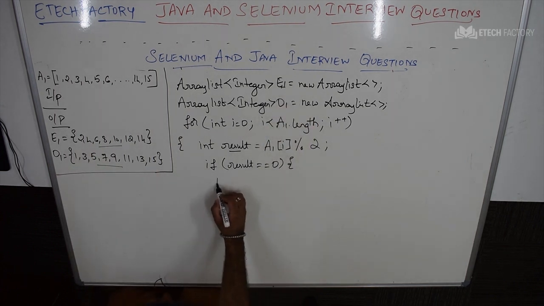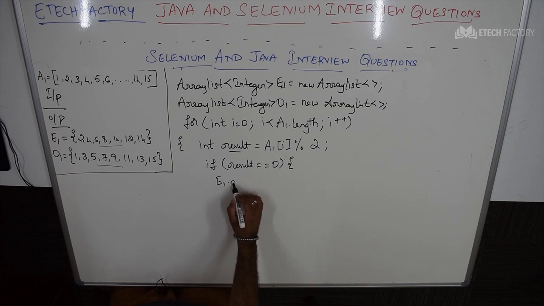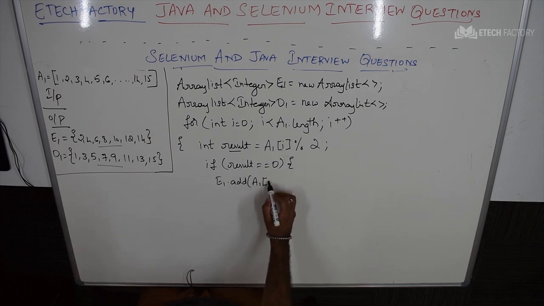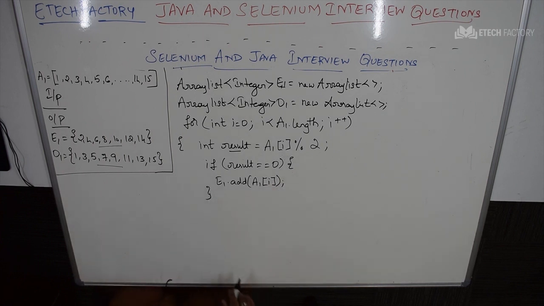So I am going to do E1 dot add. Add is a method which is used to add any element to an array list. So I am going to add a1 of i. So I am going to close this condition.